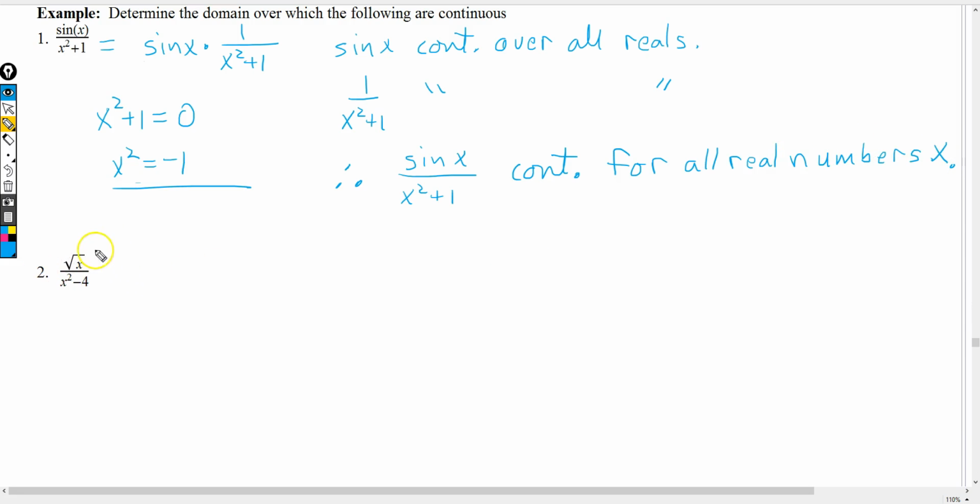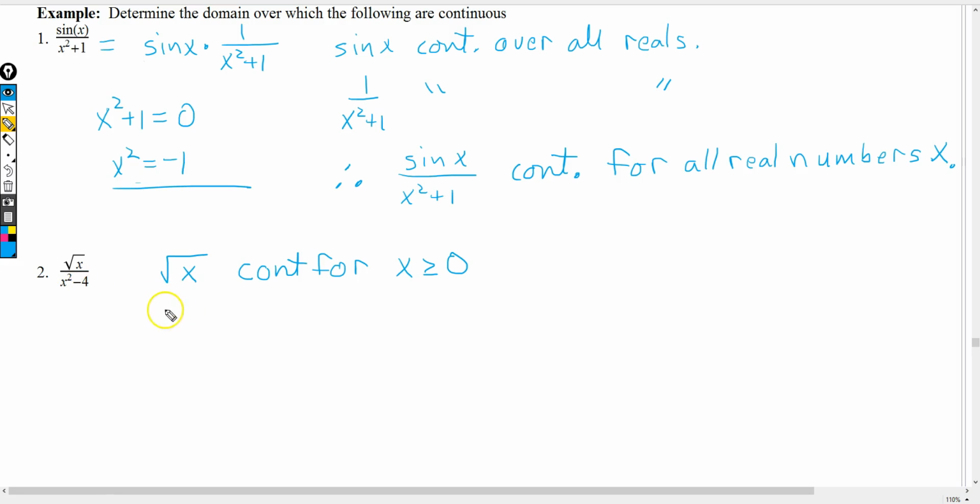Now let's take a look at this one, square root x over x squared minus 4. Well, let's notice that the square root of x, that's only continuous for x greater than or equal to 0. So this is continuous for x greater than or equal to 0.